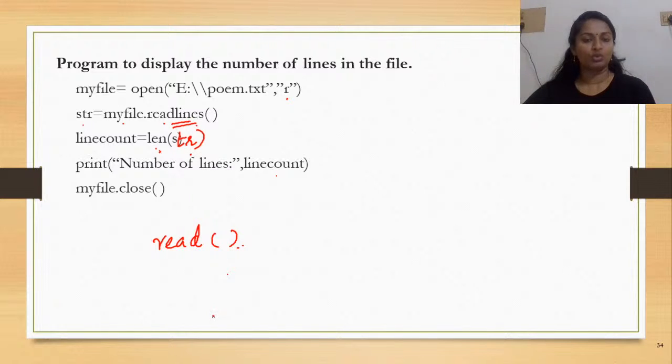I hope the confusion is also clear to you. So read was to read the entire bytes of your file. Readlines was also doing the same thing, but each line was stored as a content of your list, and this line was treated as a line of text.